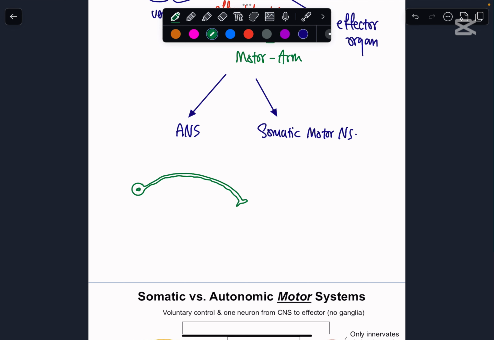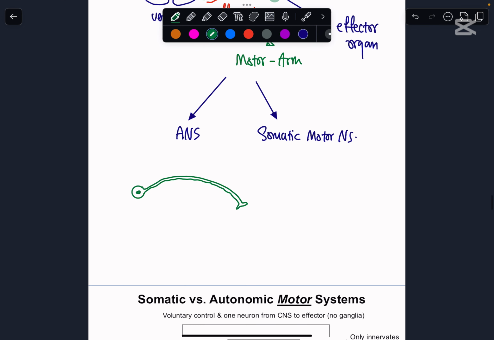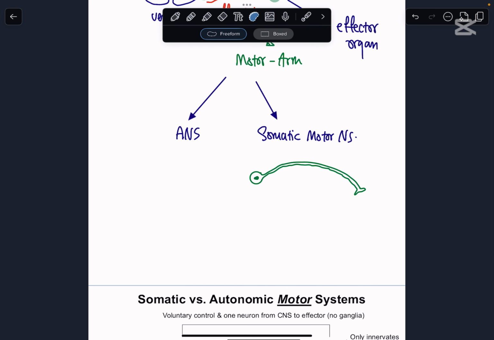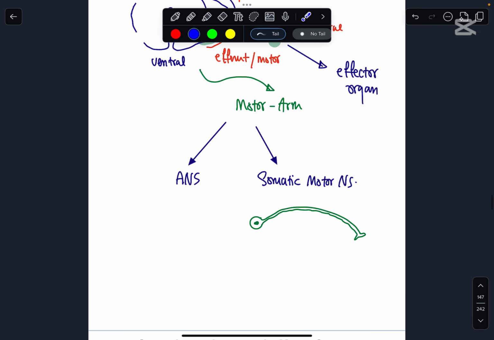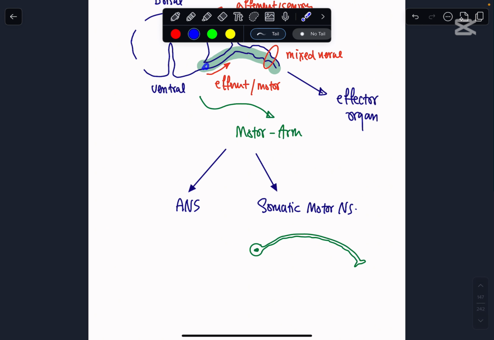Okay, so what am I showing you here? What I'm saying is that this neuron, so imagine you have one neuron here. Remember, we have millions of them, but imagine if I just take one. The neuron that starts this message from the spinal cord to the effector organ, let's call this EO, effector organ.